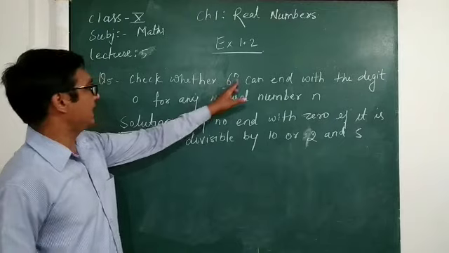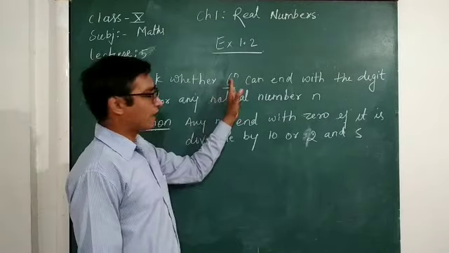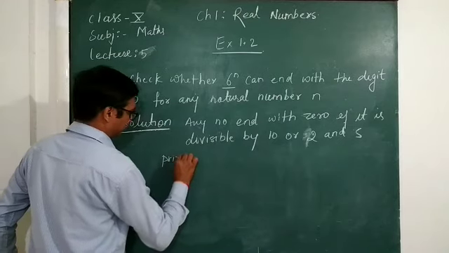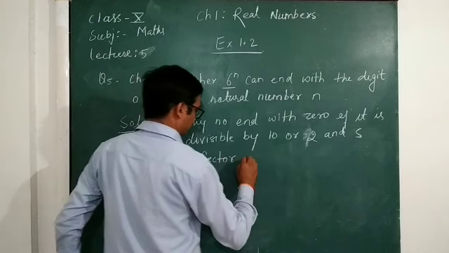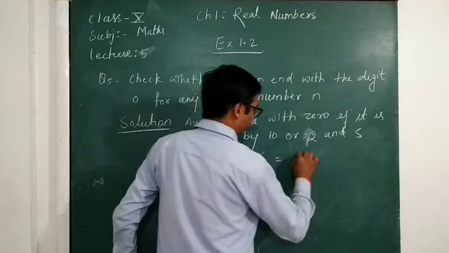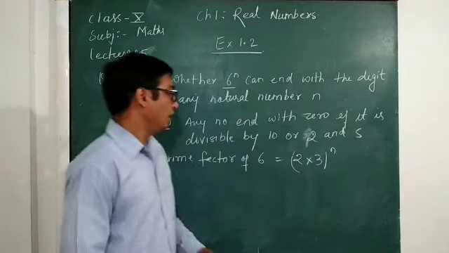So this is 6^n, where n is a natural number. If you carry out prime factorization, the prime factorization of 6 is 2 into 3, so 6^n is 2^n into 3^n.